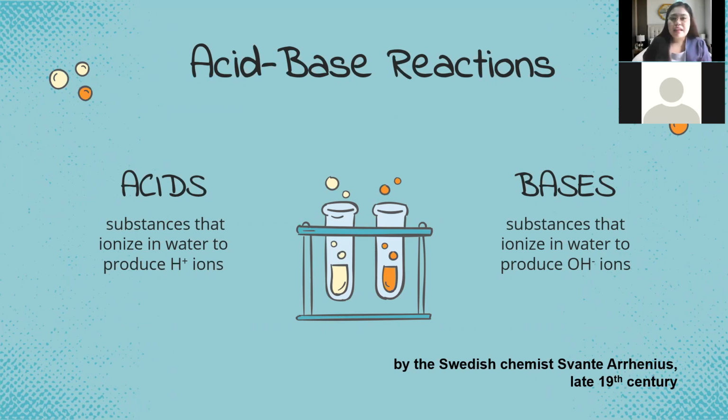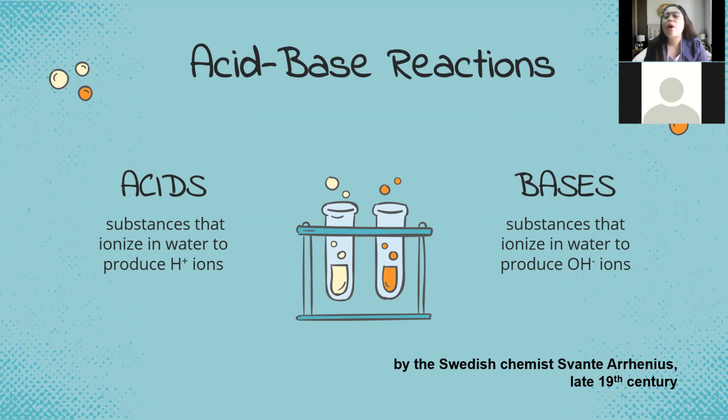Okay? Again, there is exchange of one or more hydrogen ions. Now, si base naman, according to Arrhenius, so itong definition na ito ay according sa Swedish chemist na si Svante Arrhenius ha. So Arrhenius theory kasi ito.